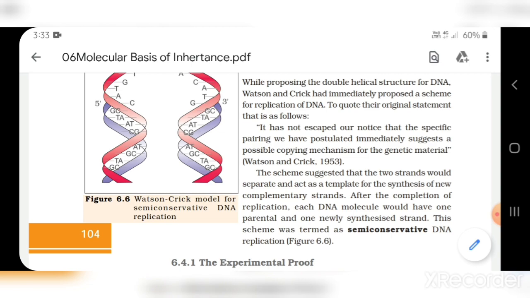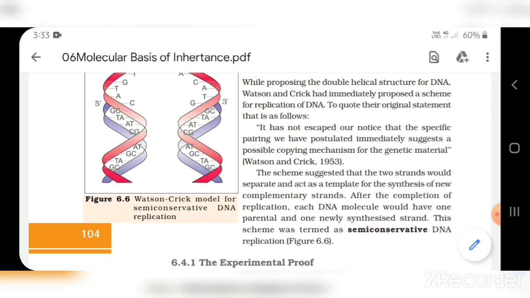The two coiled strands of DNA unwind, and each strand produces its complementary strand. So when we get a new set of DNA, one strand is the older strand and the newer strand is produced accordingly.